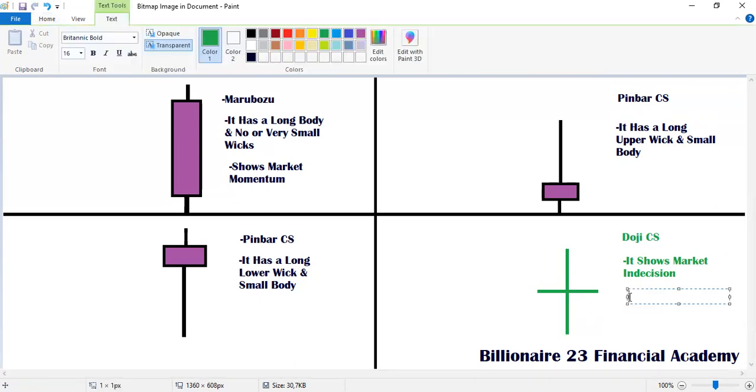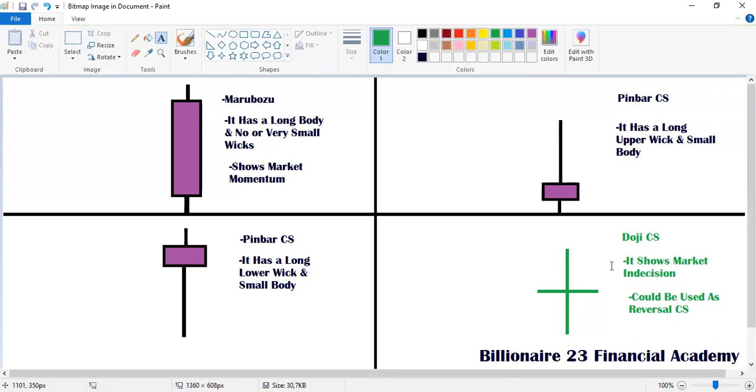It could be a reversal candlestick. You could use it as a reversal candlestick. The doji and this pin bar as well are reversal candlesticks.